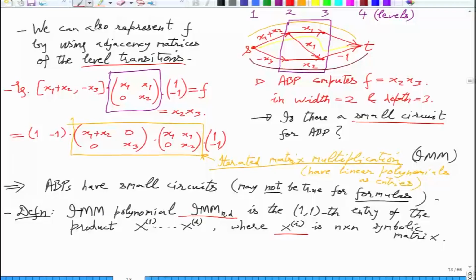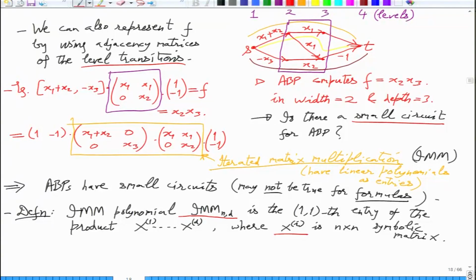Okay, so how many variables are there? Well, d times n square. So there are d times n square variables in this polynomial, and it's a huge polynomial with variable d and n. The polynomial actually has a lot of monomials, exponentially many, but it has a very small ABP and it has a very small circuit.